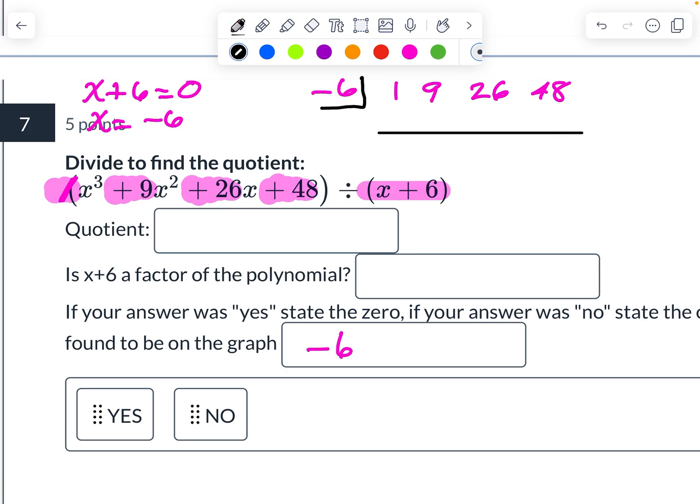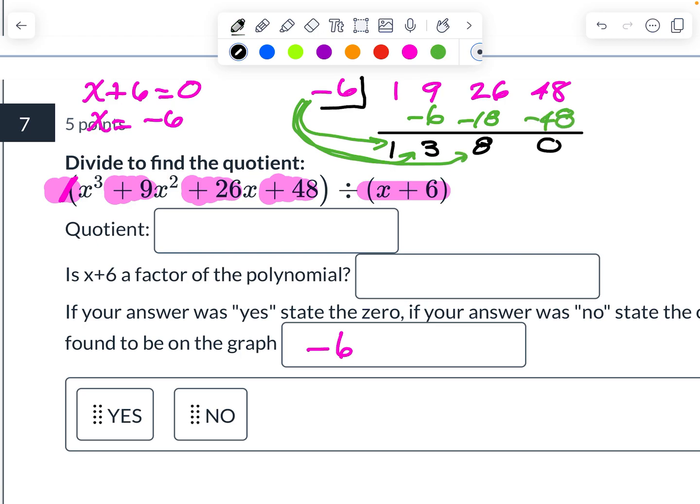Bring this down. 1. -6 times 1 is -6, plus 9 is 3. -6 times 3 is -18. Plus 26 is 8. -6 times 8 is -48.